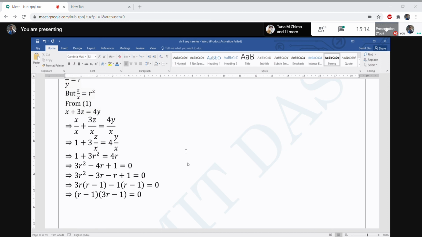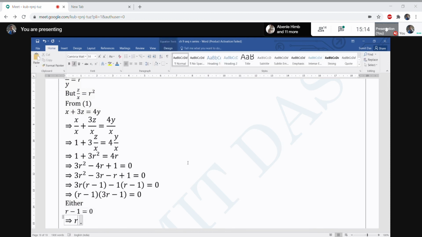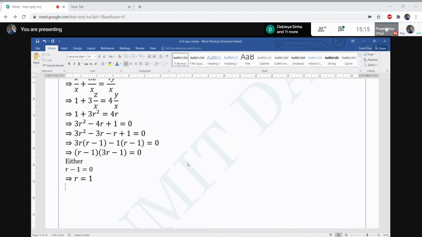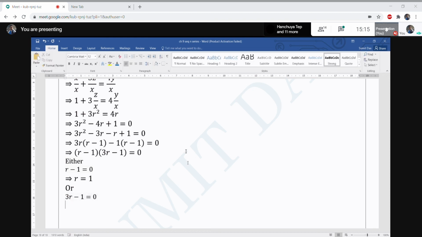Either r minus 1 will be equal to 0, so r equal to 1, or 3r minus 1 equal to 0, which means r equal to 1 by 3.